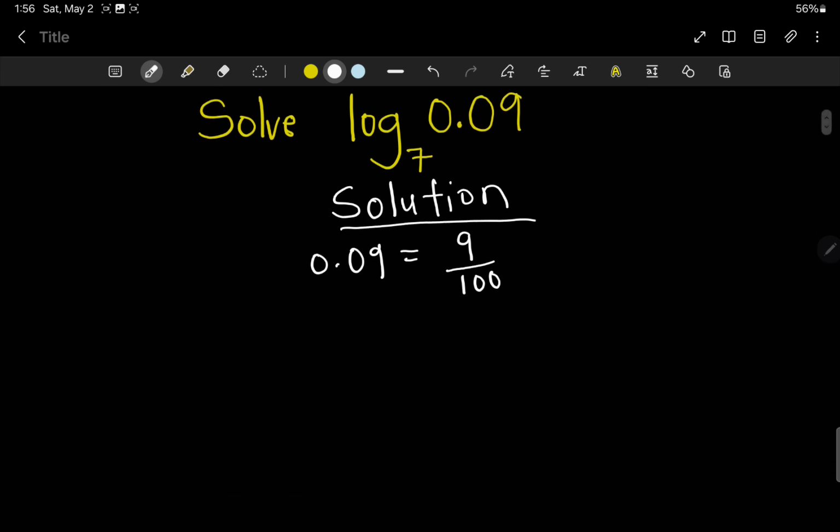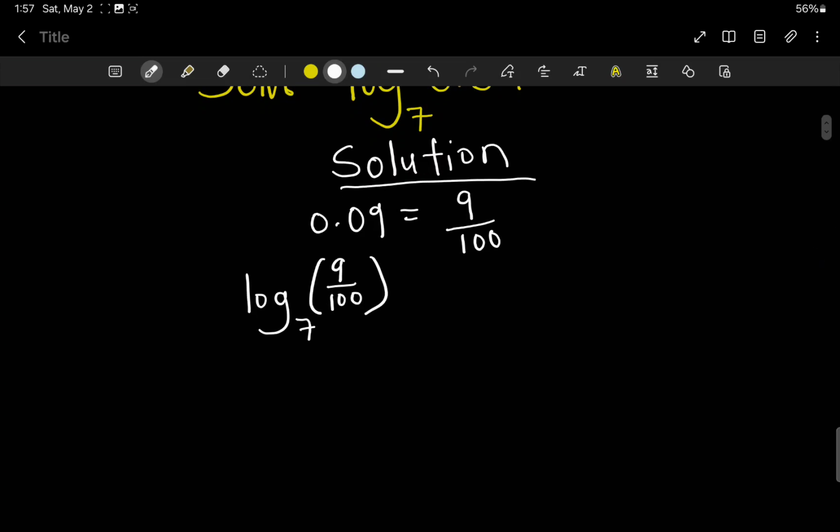So let's use that instead. Let's write it this way. Now let's say log to the base 7 into brackets 9 out of 100 instead of the 0.09.